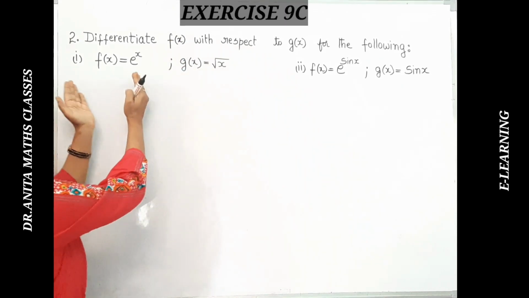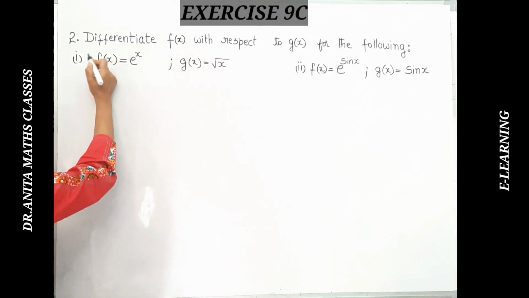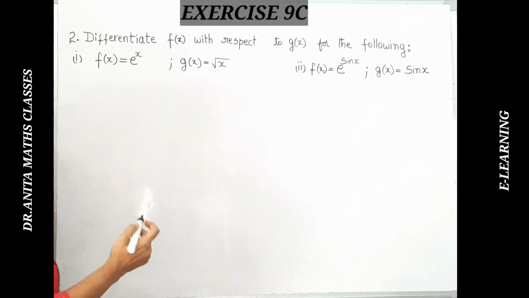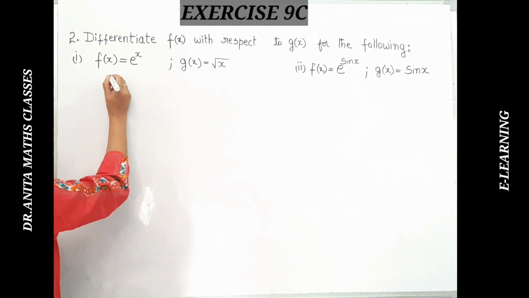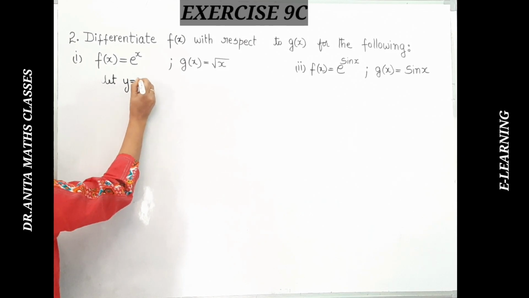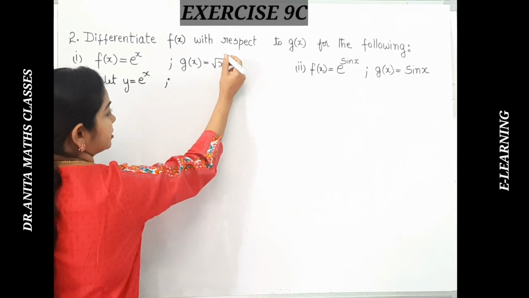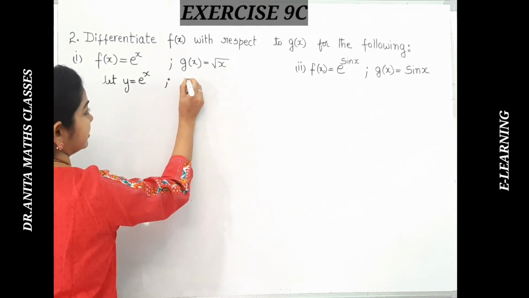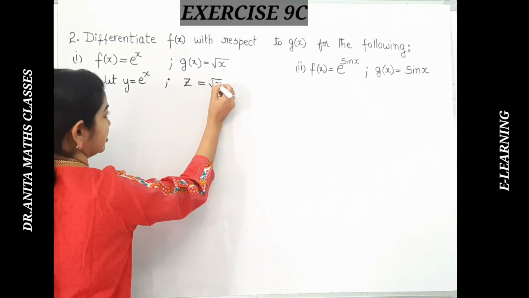So, we will suppose these two functions as some other variables, right? Here, I will suppose f of x is equal to e raised to the power of x as some y. Let y equal e raised to the power of x, and let me suppose root x as z. So z is equal to root x.